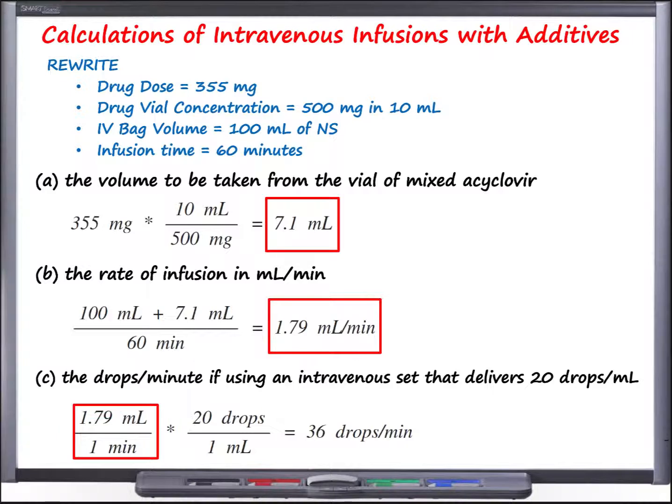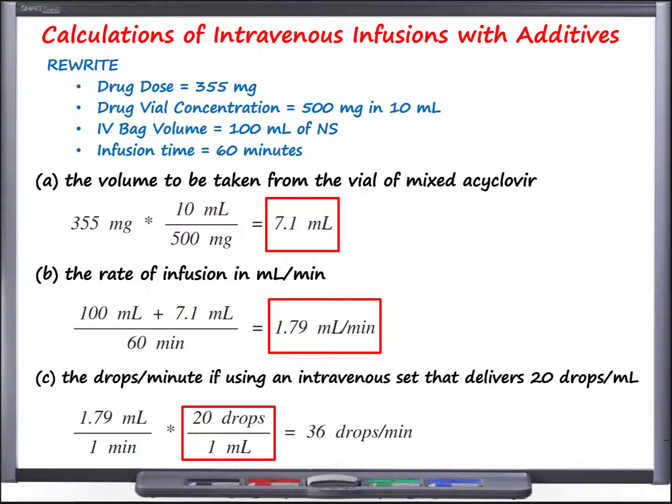Remember, we'll start with what we just calculated, which was the infusion rate we want in milliliters per minute, which was 1.79 milliliters for every 1 minute. And then we're just going to multiply that by the calibration of the IV line, which was given to us as 20 drops per milliliter.